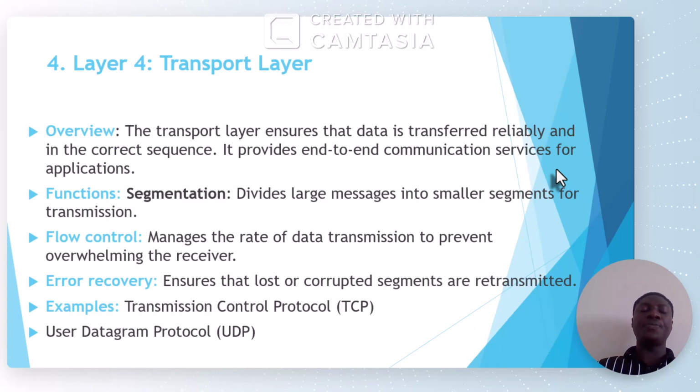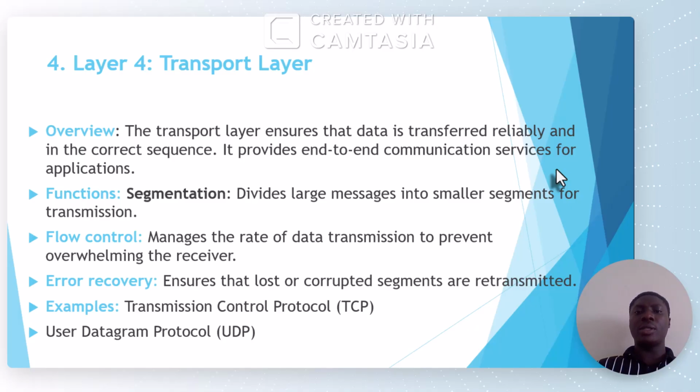Let's go further. The fourth layer is the transport layer. The transport layer ensures that data is transferred reliably and in the correct sequence. It provides end-to-end communication service for applications.